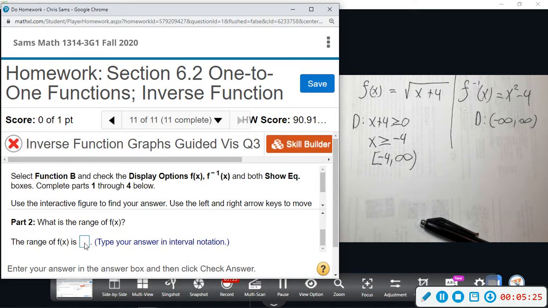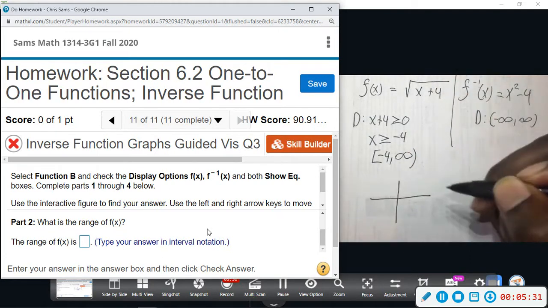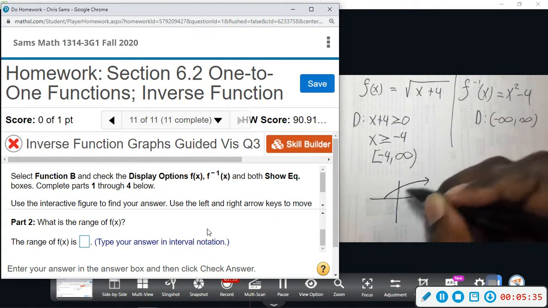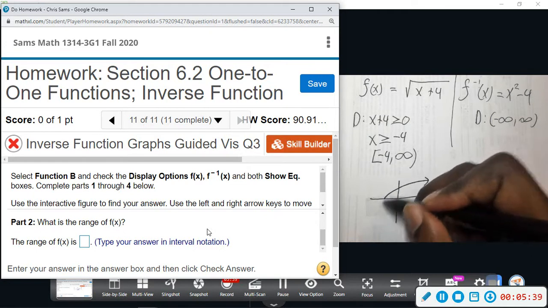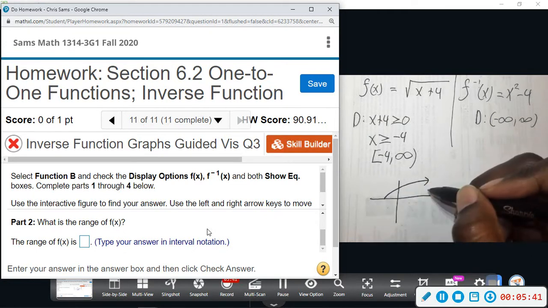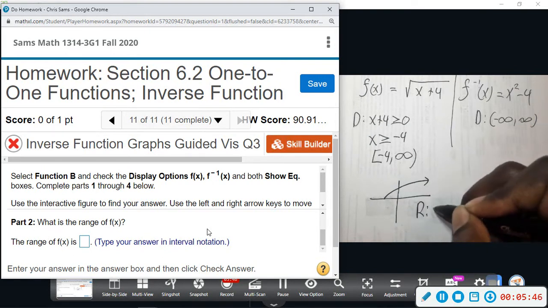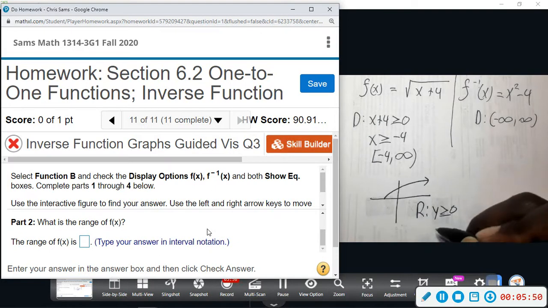Alright, what is the range? Okay, so you saw the graph of this function right here, starting here at -4 and going upward. Alright, so it never went below the x-axis. So your range, and you can also get this from the parent function, your range is y is greater than or equal to 0. So we can do interval notation 0 to infinity.